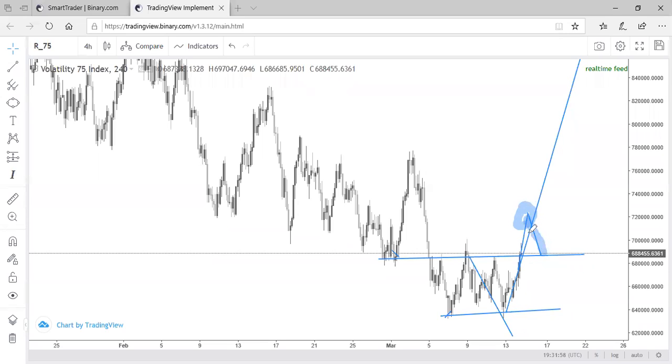If price breaks out, it's just evidence that price might go to the upside. Doesn't mean price is going up, so let me buy. No. If you place a buy here, you are just risking your capital.